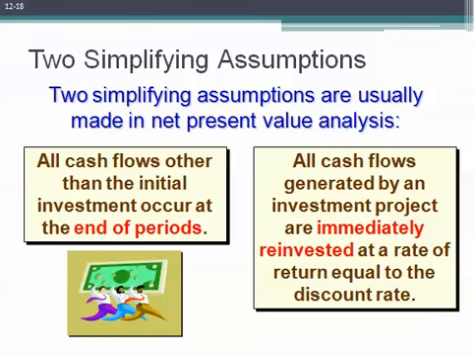We could assume that they occur throughout the year or at the beginning of the year, but to simplify things, our assumption is the cash inflows and outflows will occur at the end of each period, again, with the exception of our initial investment. A second assumption is that all cash flows generated by our investment project are immediately reinvested at a rate equal to our required rate of return or our discount rate. There's nothing you need to do with this assumption. It's just something that finance professors in particular like to talk about when we discuss net present value analysis.